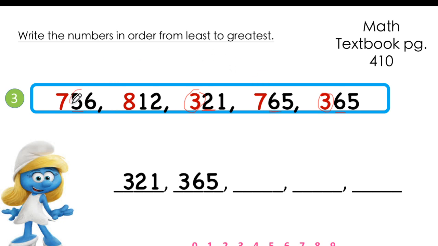Which one is smaller, because we're going from least to greatest? 5 or 6? 5. So the next number will be the one with 5, and following it will be the 700 with 6. And the last number, the greatest, with the 8 in the hundreds place, will be 812.